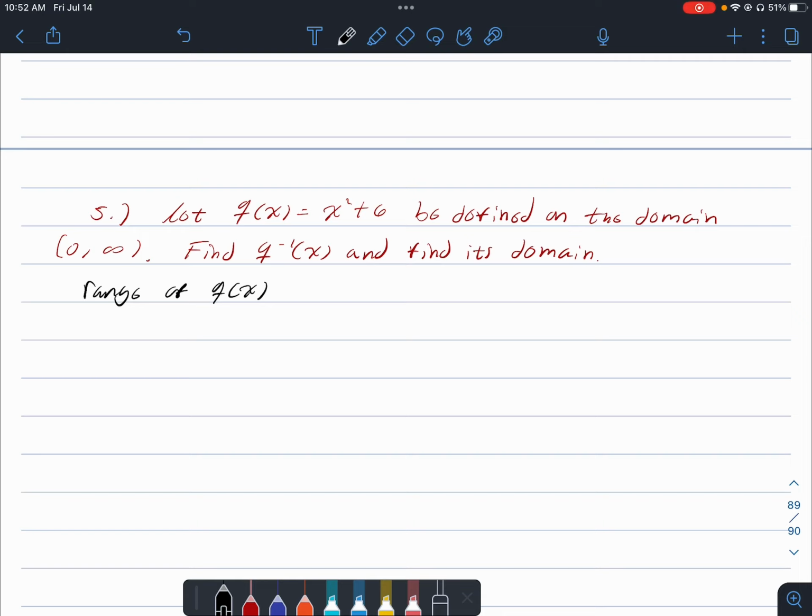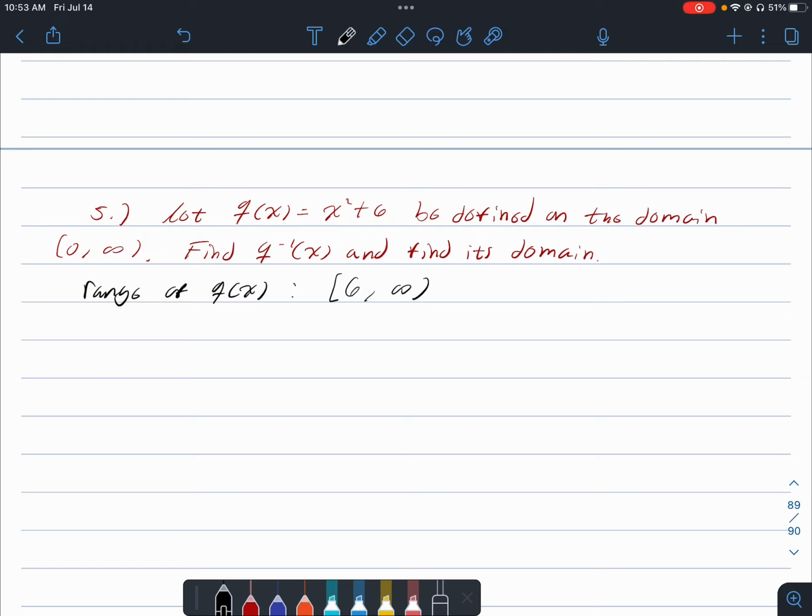So if we plug in 0, we will get q of x is equal to 0 plus 6, which is 6, okay? So we know that the smallest value we can get for q of x is 6. So the range will go from 6 to infinity. And we know it can go into infinity because as we make x bigger and bigger and bigger, q of x is going to get bigger and bigger.